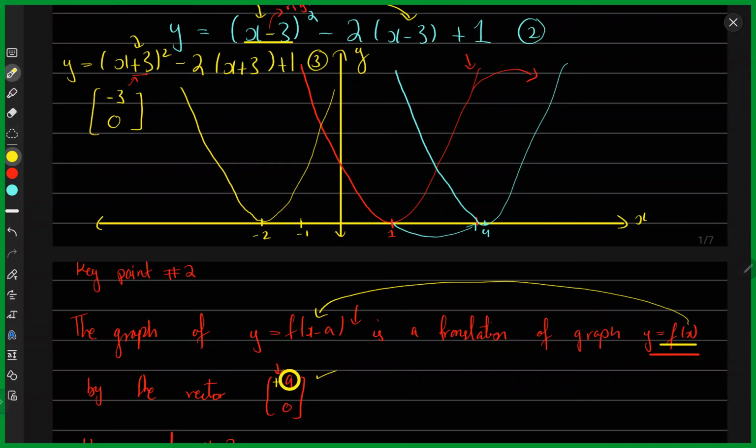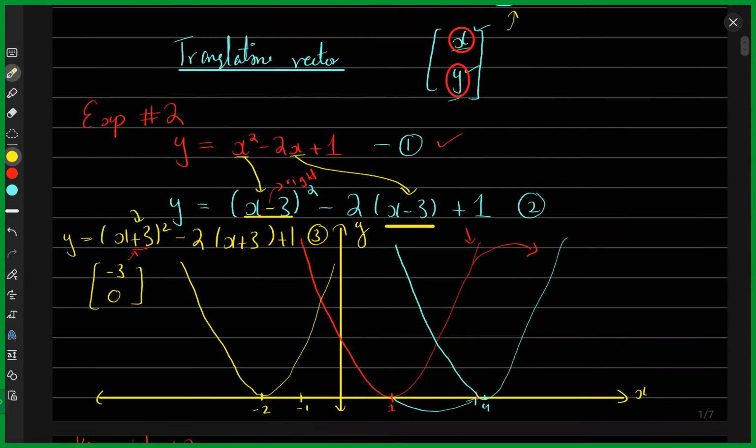But I told you in the equation, it would be the other way around. It was x minus 3. Okay, so for x minus 3, our graph was shifting 3 units to the right. And because of that, in the translation vector, we were writing it as positive 3. For this one, it would be (3, 0).